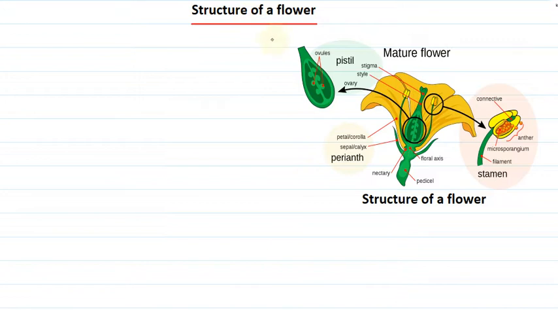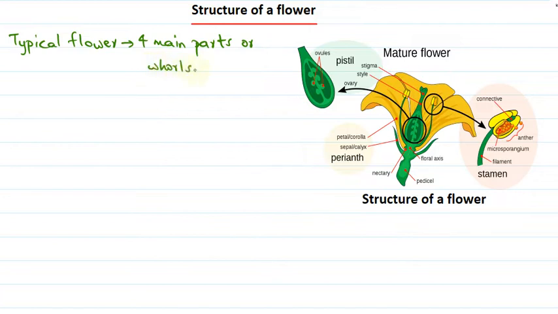A typical flower consists of four main parts, and these four main parts can also be called whorls. So what are these four main parts of a flower?